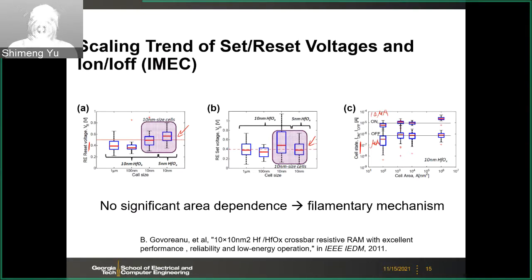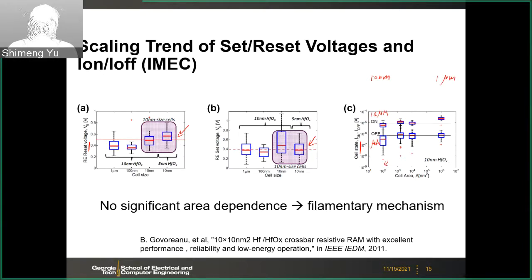So here, the lack of significant area dependence suggests the filamentary mechanism. What does that mean? So that means no matter it's a large device or small device, the smallest here is like 10 by 10 nanometer, right? 10 nanometer by 10 nanometer, or here the large device is 1 micrometer.